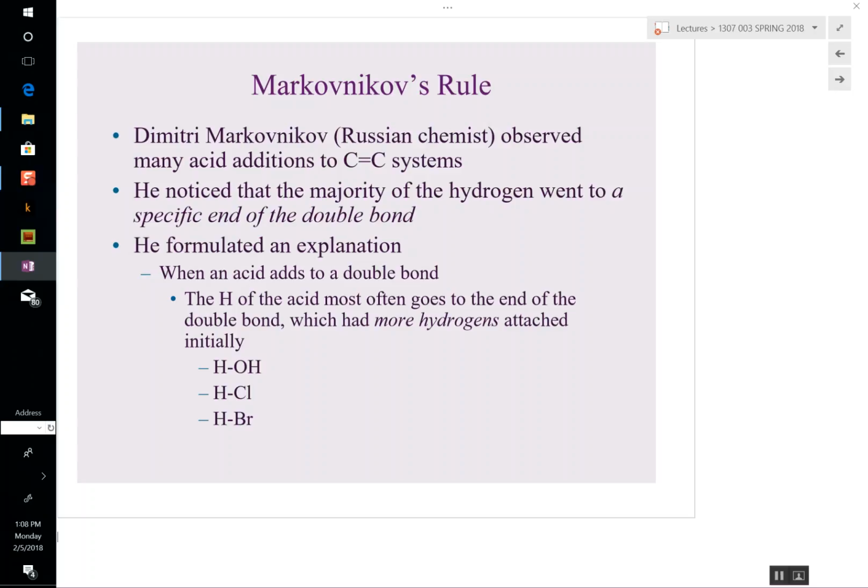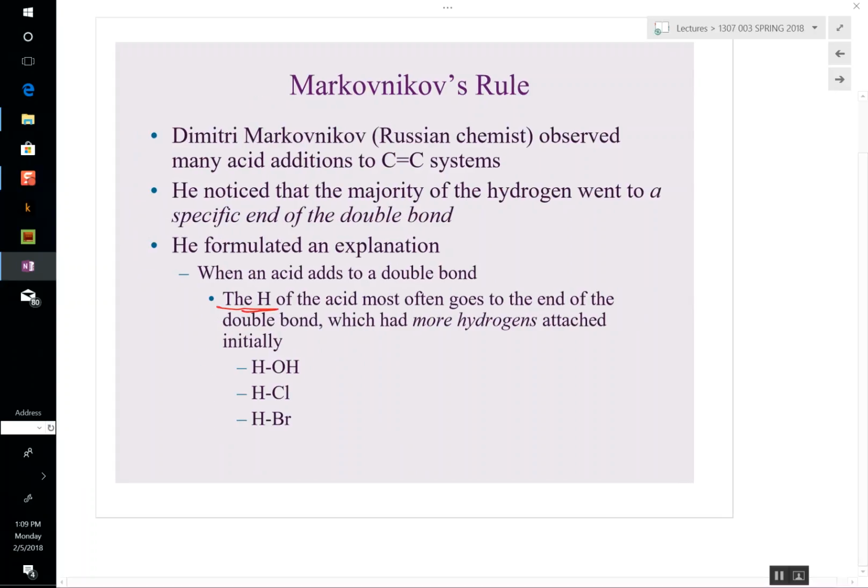So Dmitry Markovnikov, a Russian chemist, observed many of these. And he came up with this rule, that the hydrogen of the acid most often goes to the end of the double bond which had more hydrogens. So hydrogen is going to the place where there's more hydrogen.